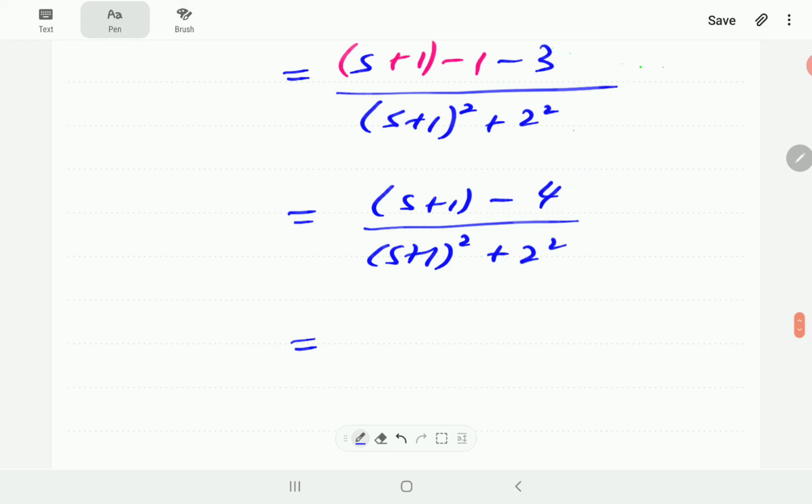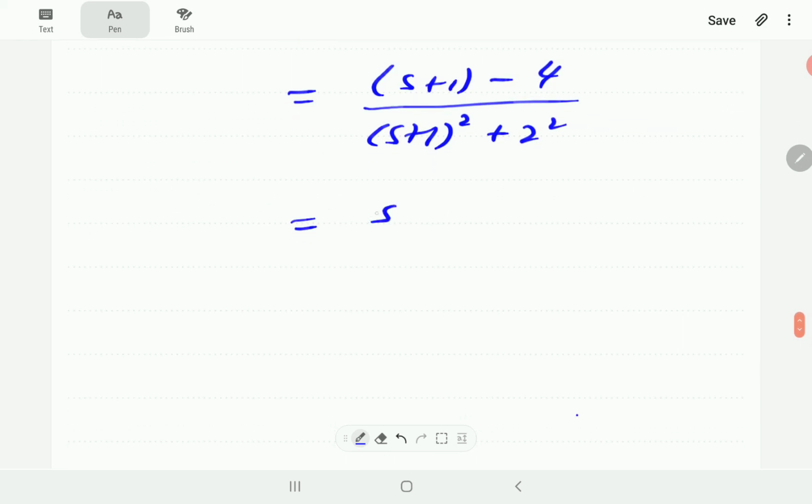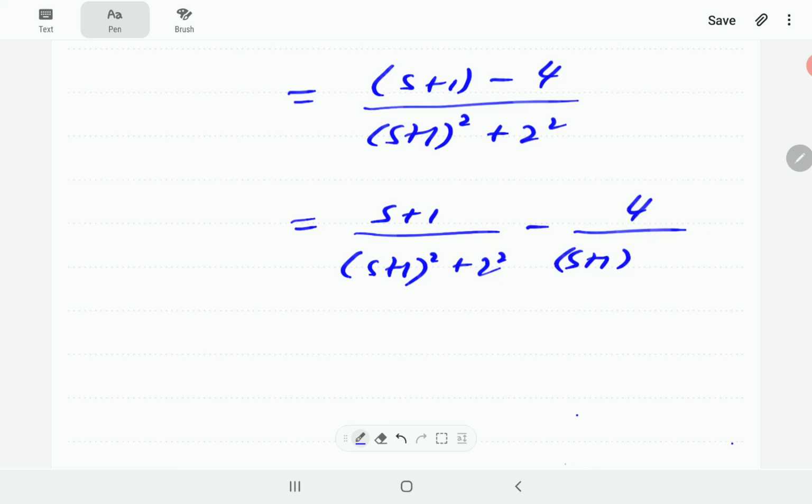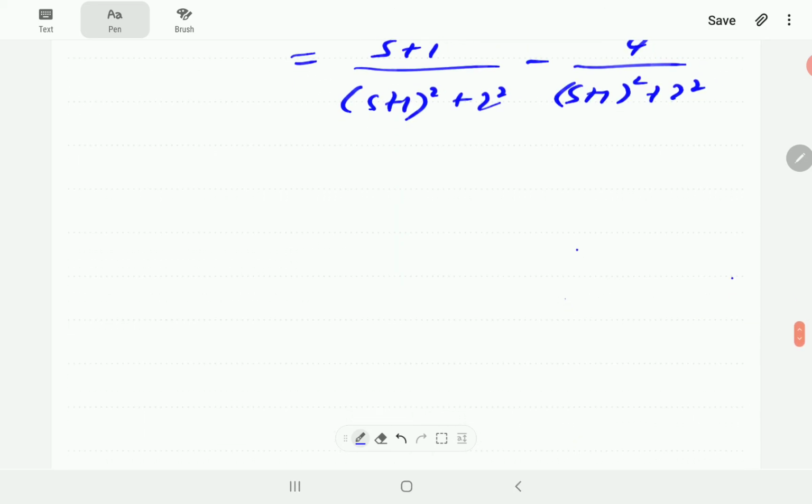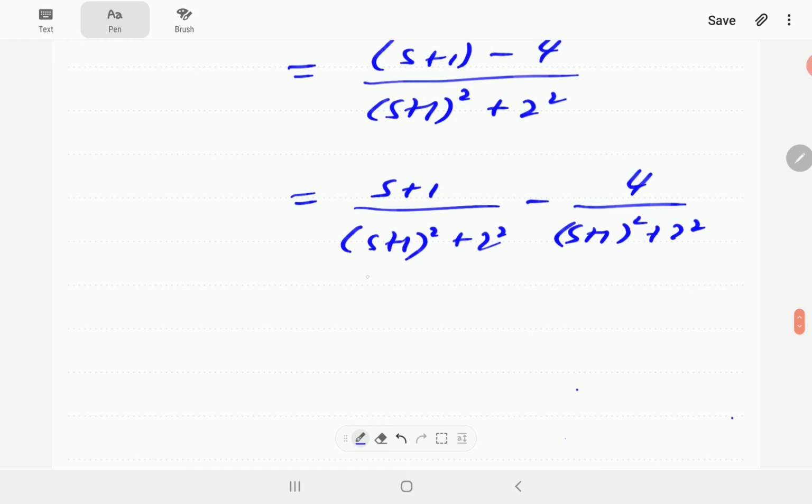So the first one, s plus 1 all divided by s plus 1 all squared plus 2 squared, then minus 4 over s plus 1 squared plus 2 squared. And then the first one is now perfectly in the required form.